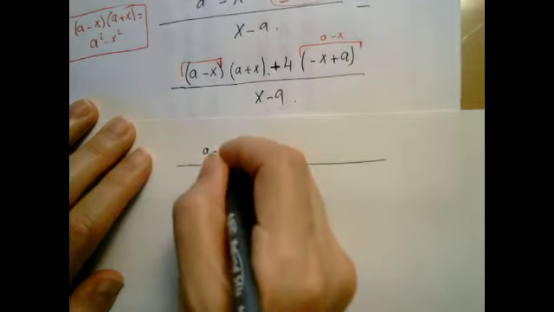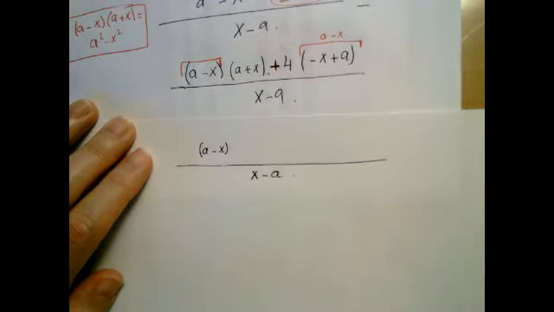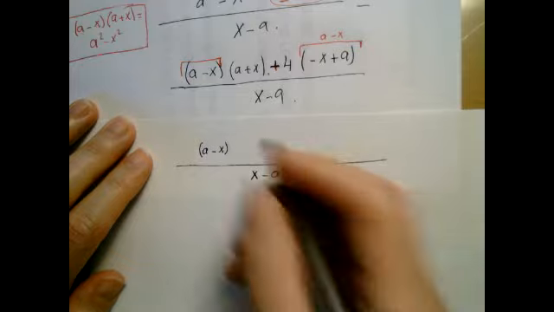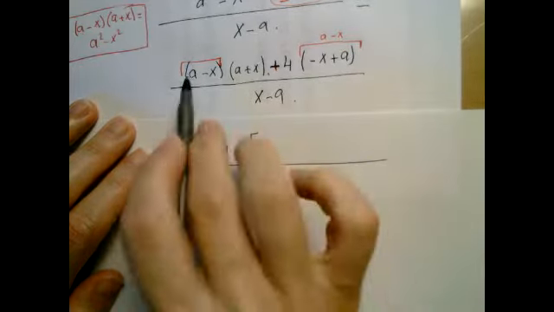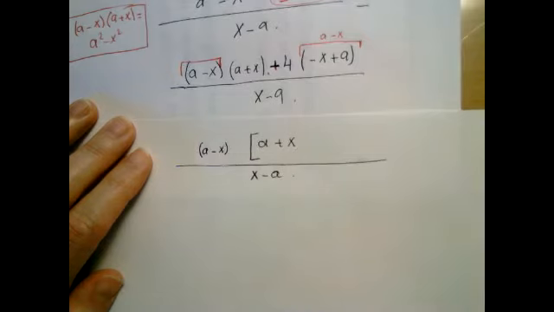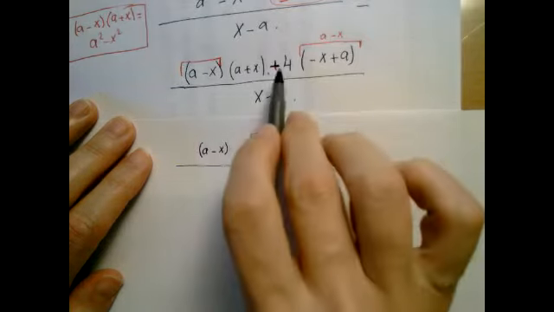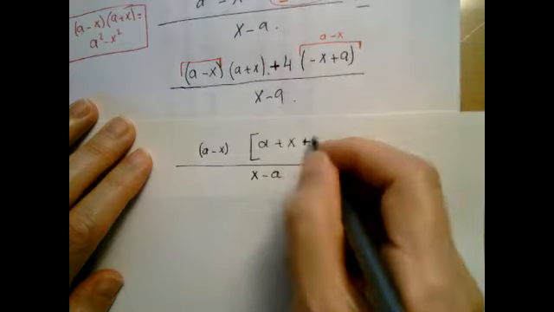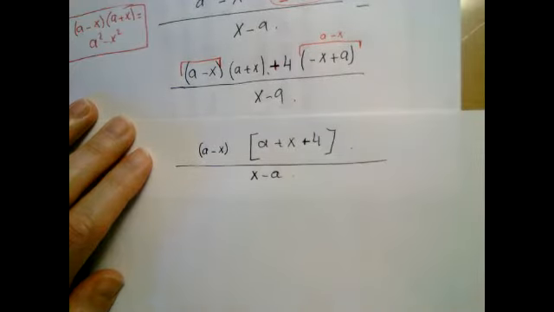I can factor out the quantity a minus x. And doing so, what will I be left with? Here, I will be left with a plus x, and here I will be left with a 4.